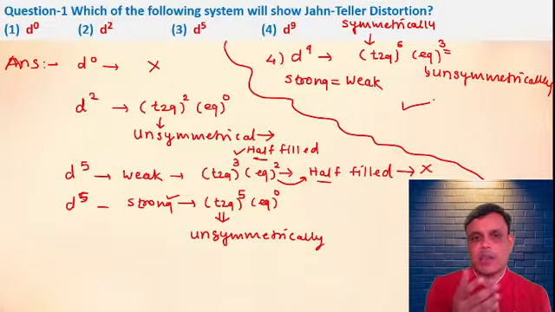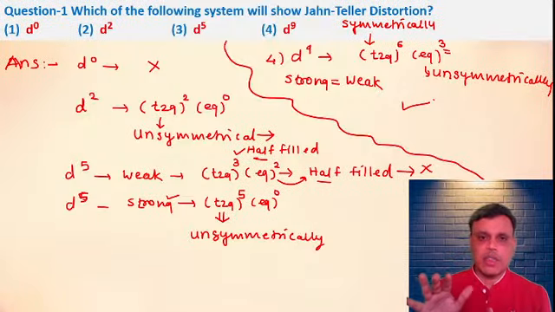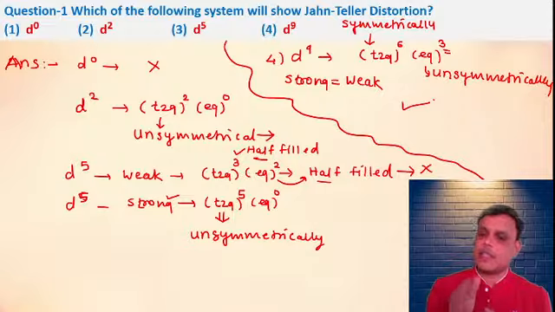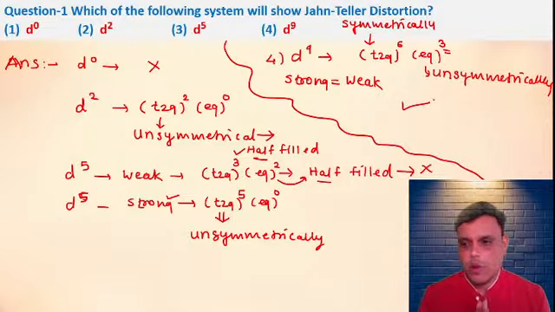Fill the electrons, then write down the electronic configuration, see whether the filling is symmetrical or unsymmetrical. If it is symmetrically filled, it will not show Jahn-Teller distortion. If it is unsymmetrically filled, it will show Jahn-Teller distortion. Simple है. ऐसे आप लोगों को solve करना है.